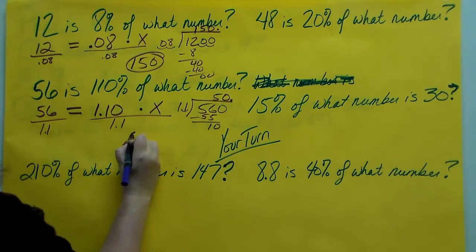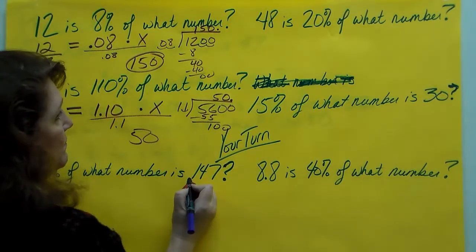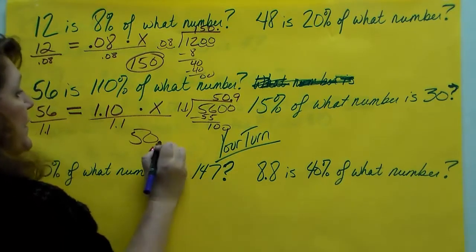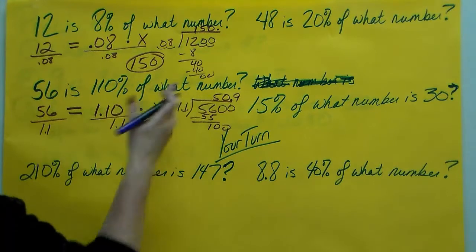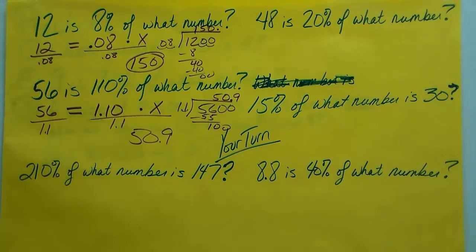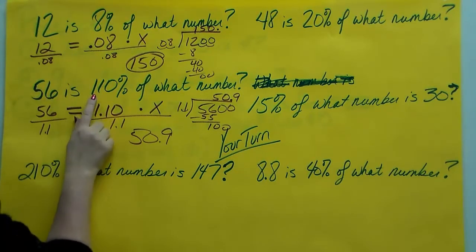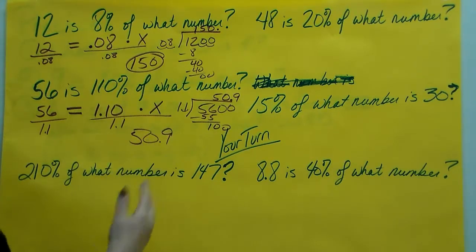So it's about 50. I'm going to bring down another 0. 11 goes into 109 times. So it's 50.9. 56 is 110% of 50.9. And that makes sense because 56 is 100% of 56. So this is a close enough number.